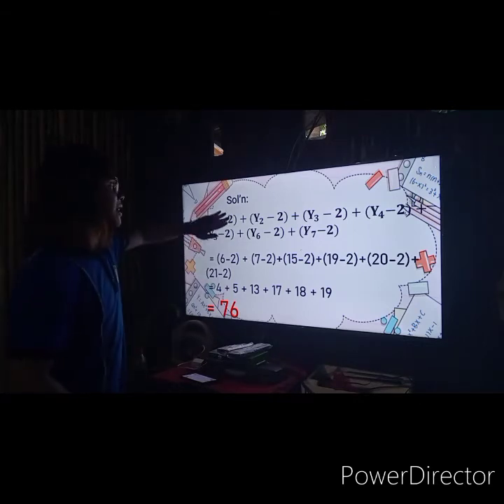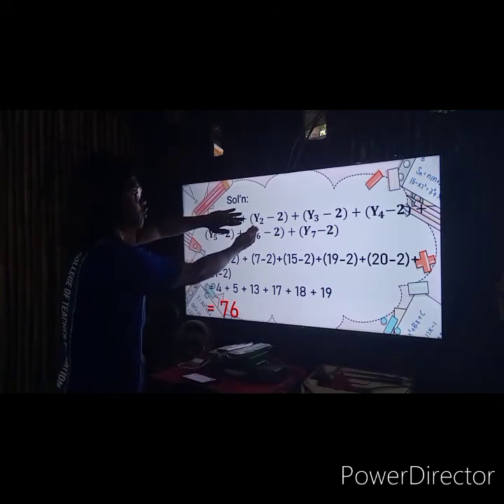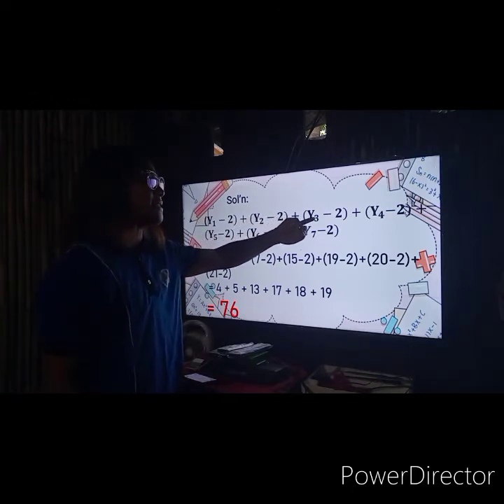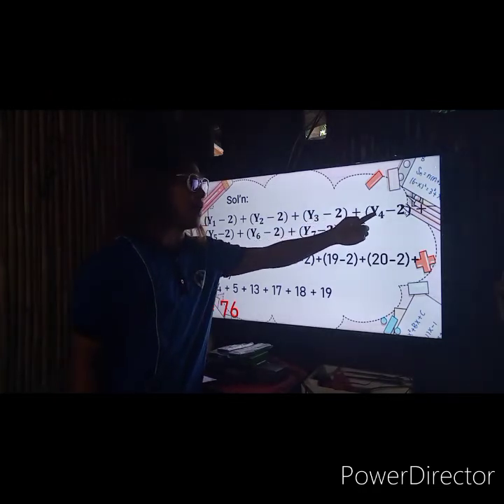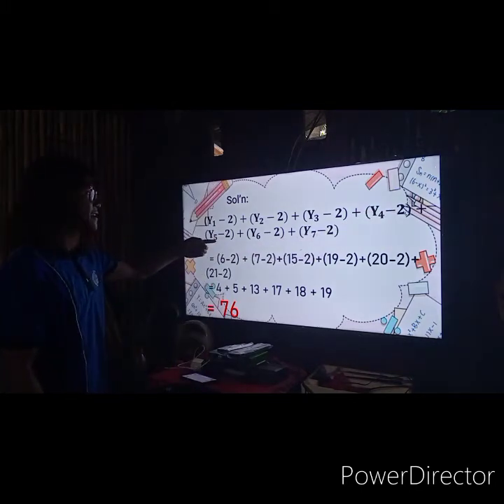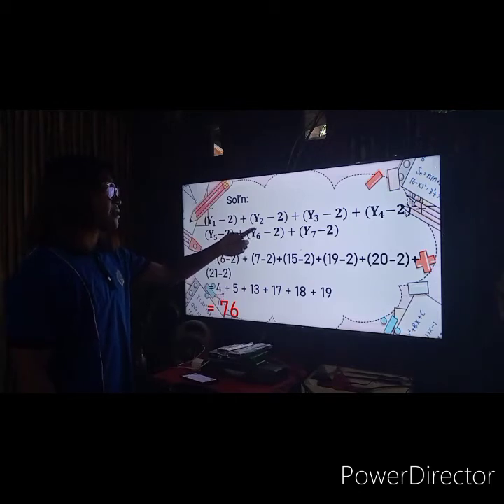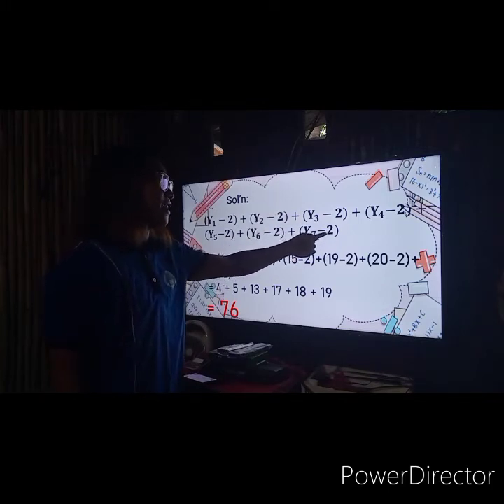But we will exclude this. So the quantity y sub 2 minus 2 plus the quantity y sub 3 minus 2 plus the quantity y sub 4 minus 2 plus the quantity y sub 5 minus 2 plus the quantity y sub 6 minus 2 plus the quantity y sub 7 minus 2.